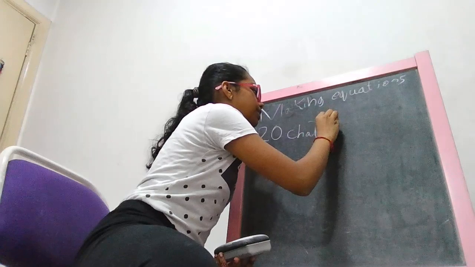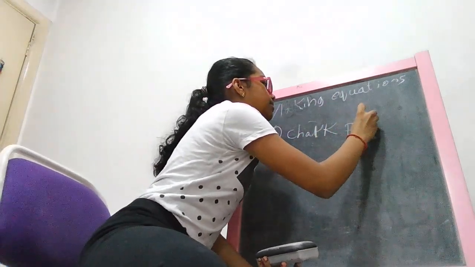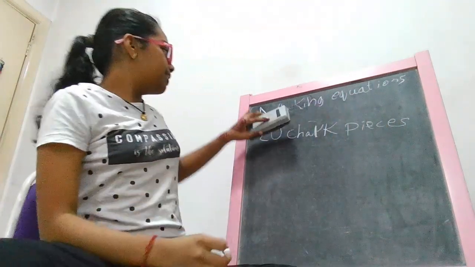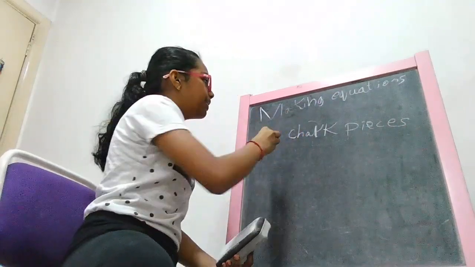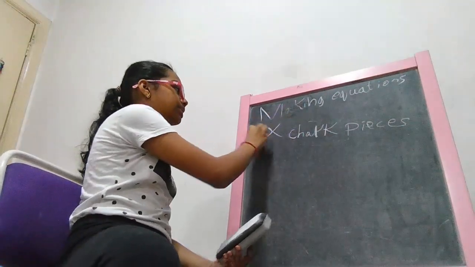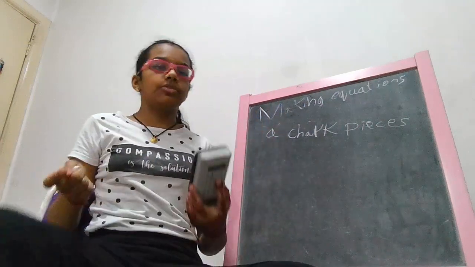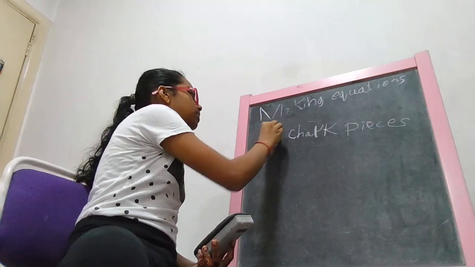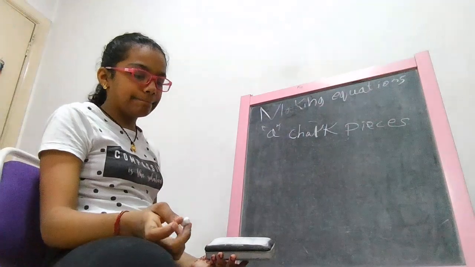Okay? Let's not write 20, it can be any number. I'm changing the number in my mind. At the start of the year, there were A number of chalk pieces, okay? You need to get familiar using all of the letters. A anything, A number of chalk pieces at the start of the school year.